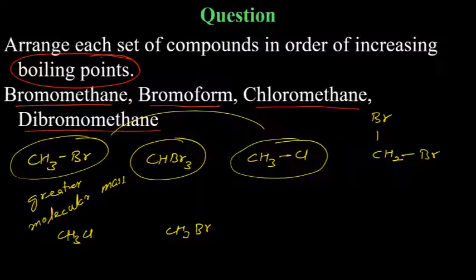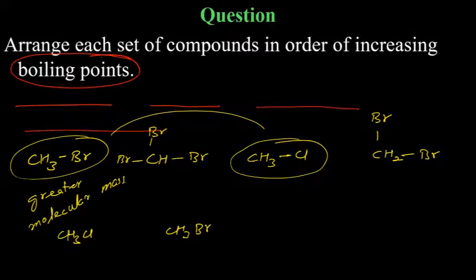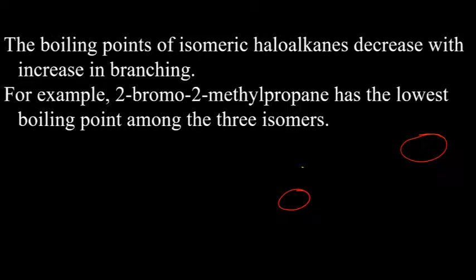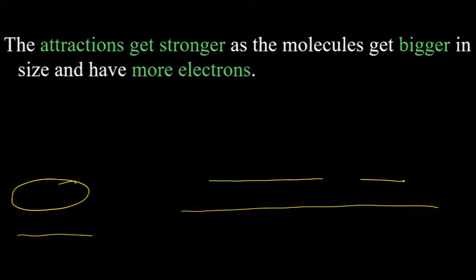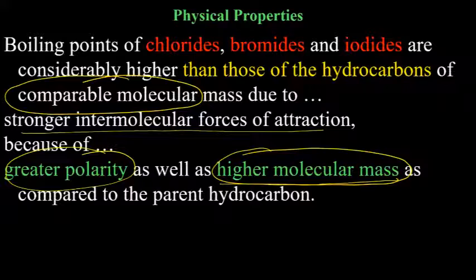Now this one actually has three bromines attached, so you can write it like Br, Br, Br. But here, it is not about branching. Higher the molecular mass, greater will be the boiling point. We are talking about boiling point.